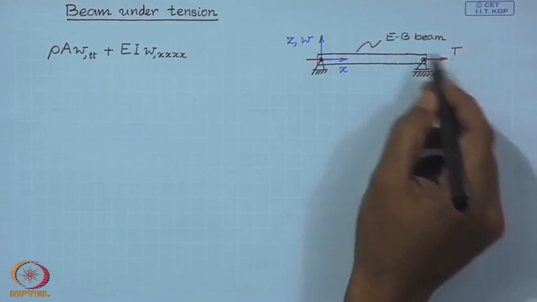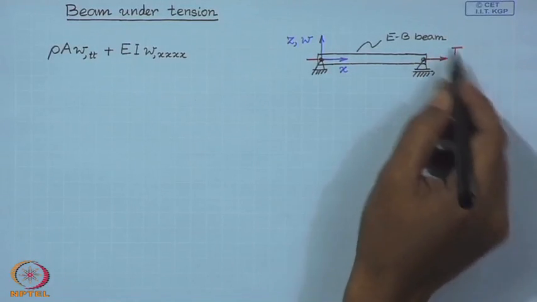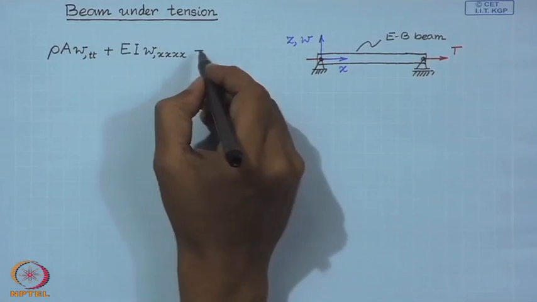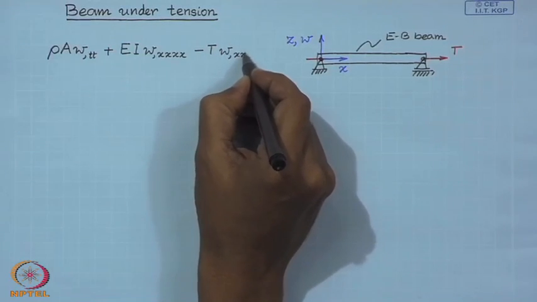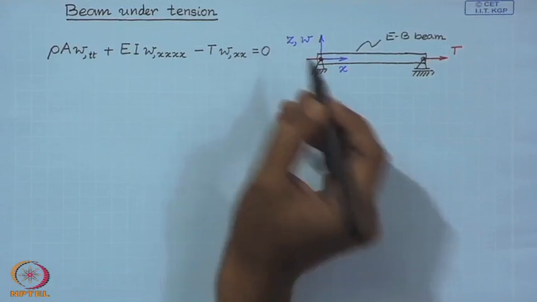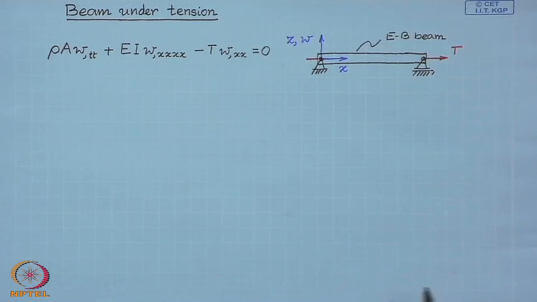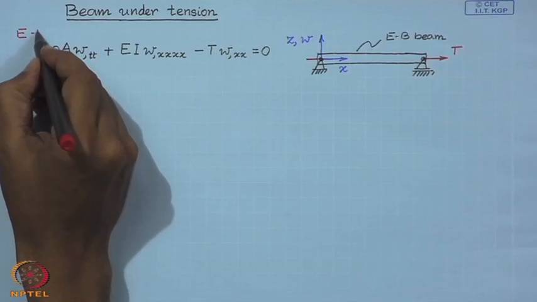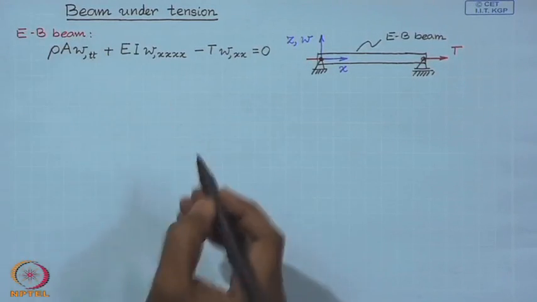Now, when you have this tensile loading, then additionally you have this term. So, this is the equation of motion for an Euler-Bernoulli beam.